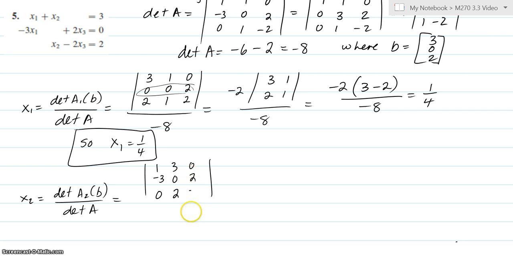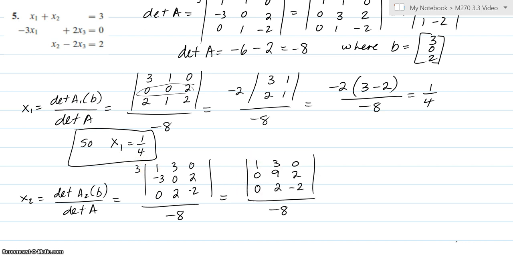That should be a negative 2. And we know that the determinant of A is negative 8. And I'm going to get a 0 in that position right there. So what would that be? That would be 0, and then 9, and 2.